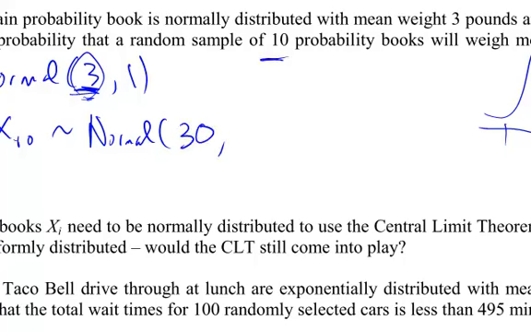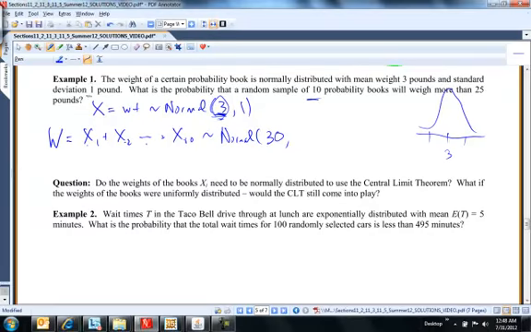I'm not allowed to add standard deviations. I'm allowed to add variances. So variance plus variance plus variance, that's going to be 1 squared, 1 squared, 1 squared, 10 of those. And then I'll take the square root for the standard deviation. So the total weight is normally distributed with a mean of 30, and this is the standard deviation. Now I want to figure out the probability that the 10 books together weigh more than 25 pounds.